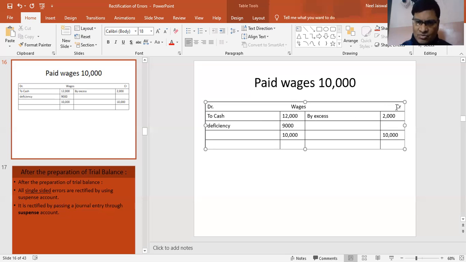Excess we will see the opposite side, and deficiency we will see the same side. For an account which has a debit balance, if deficiency, then we have to debit it, and in excess we have to credit it. For an account which has a credit balance, like capital, for deficiency we will credit it further, and for excess we will debit it.